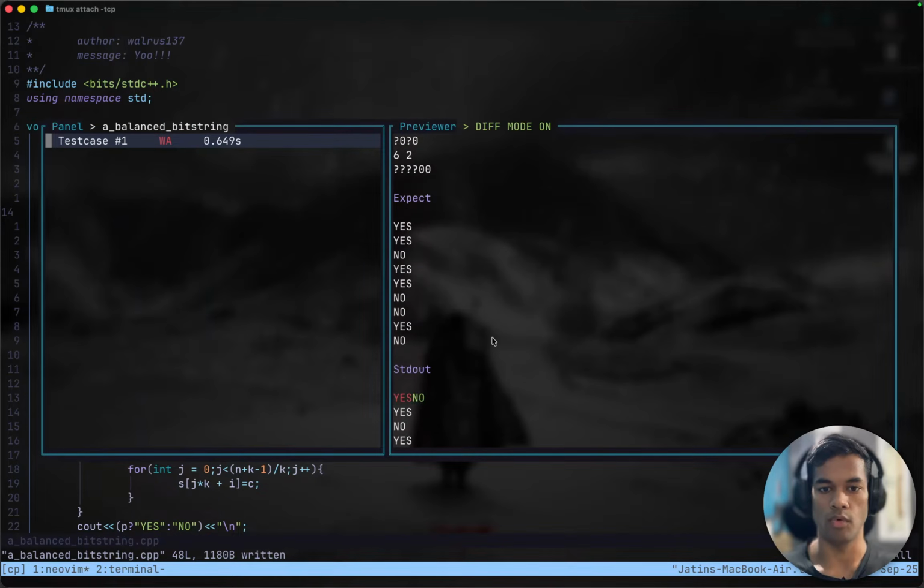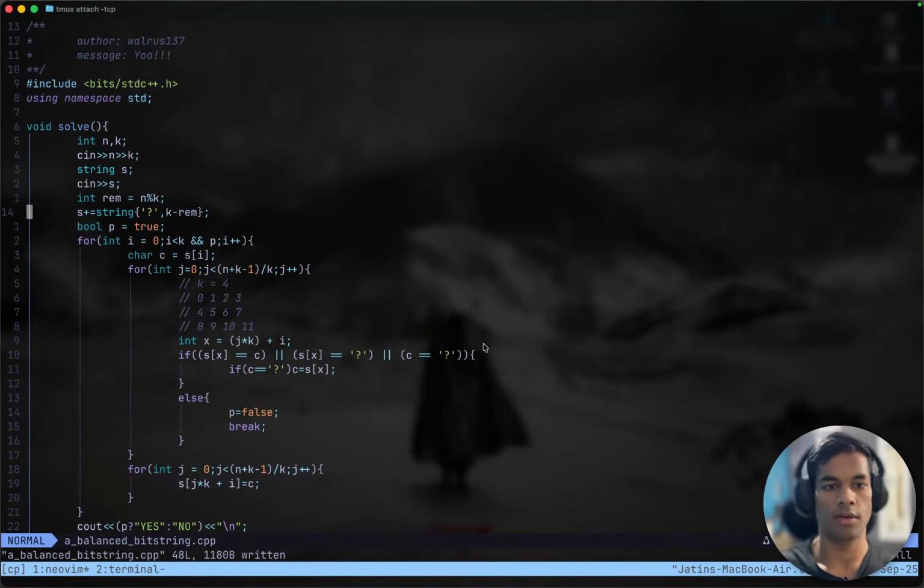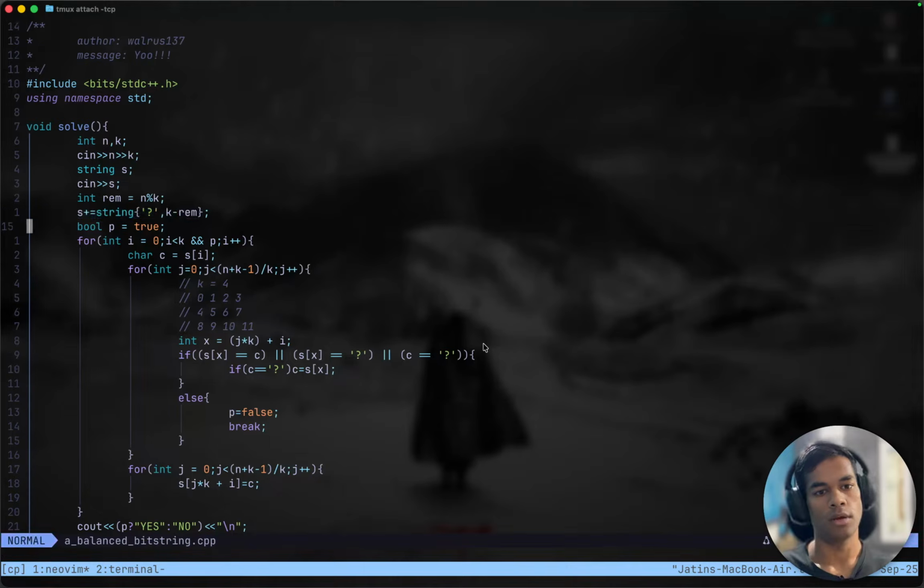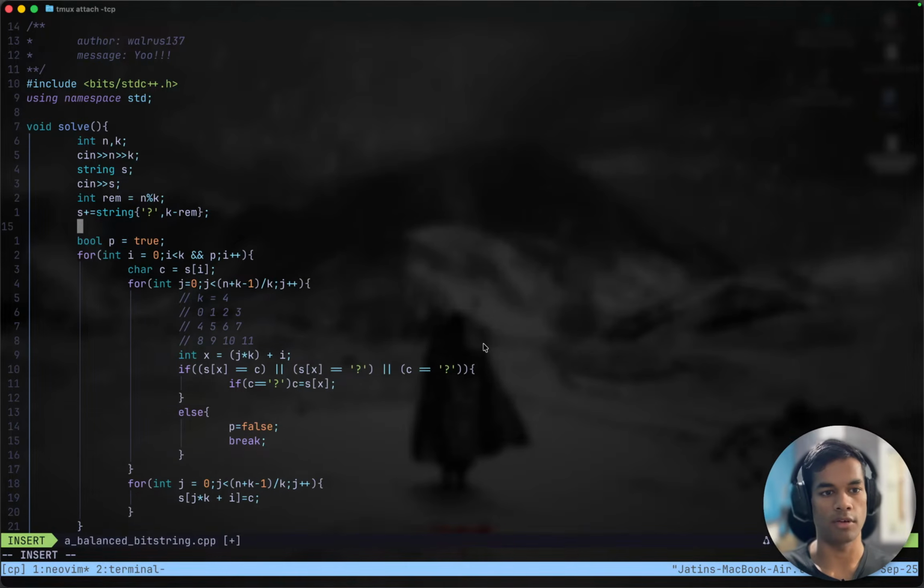Okay, I might be over engineering this thing. That seems like it. String plus question mark. This part is making the string a whole, fully divisible by k. If n remainder k is returned, then k minus remainder will give me how many characters I would require to make this string a whole.